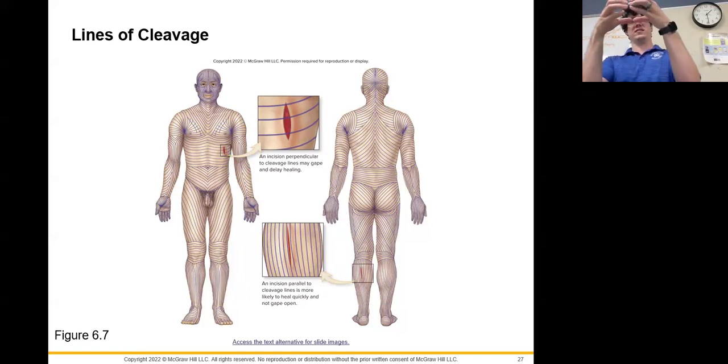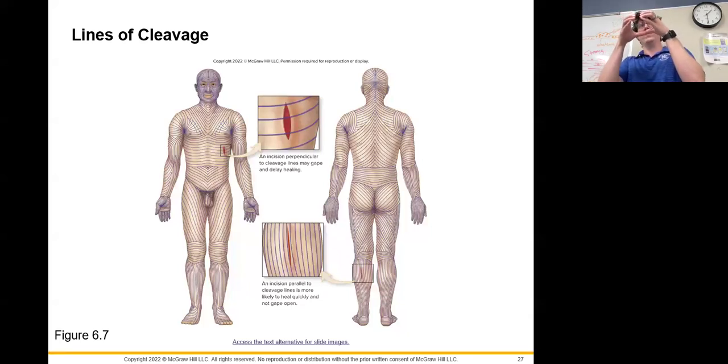So if we slice it in that spot, well, what's going to happen is the strength in those fibers is going to pull that wound more open. It's going to be a lot harder to close that wound because that cut is being pulled against by those collagen fibers. So it's going to make those wounds kind of pucker up, okay?